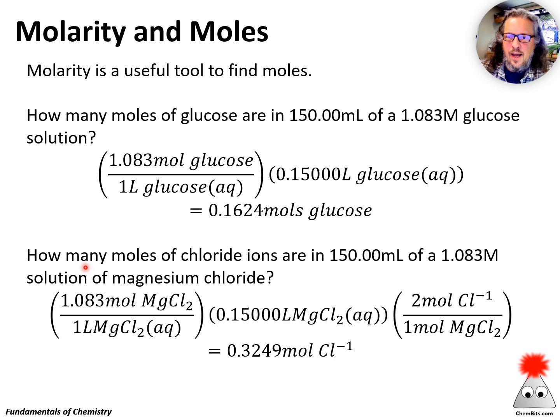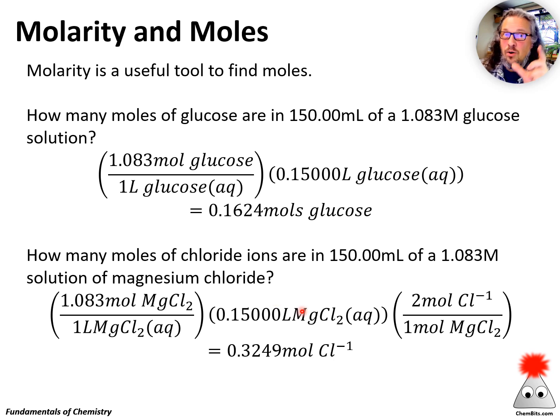Similarly, if we look at how many moles of chloride ions are in 150 milliliters of a 1.083 molar solution of magnesium chloride, we take 1.083 moles per liter times the amount that we're using, 150 milliliters.